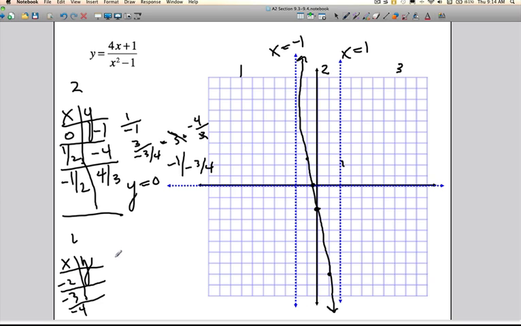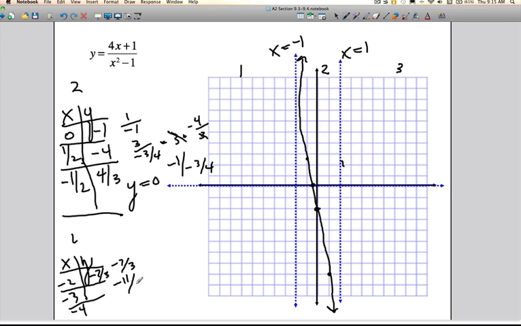And when I plug negative 2 into my function, I'll have 4 times negative 2, which is negative 8, plus 1 is negative 7. And negative 2 squared is 4, and 4 minus 1 is 3. So I'll have negative 7/3 over here. When I plug negative 3 in, 4 times negative 3 is negative 12, plus 1 is negative 11.